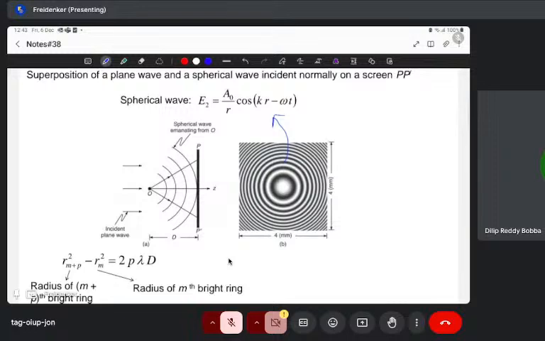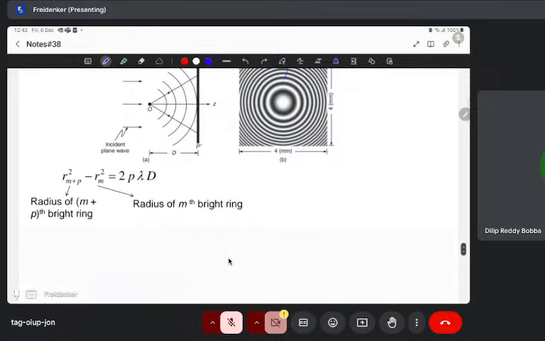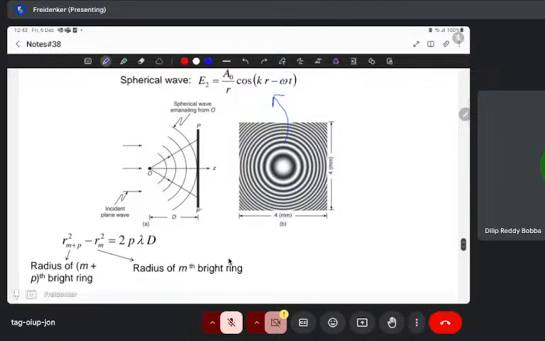Because most of the intensity is concentrated here, and if you go farther away, the intensity is decreasing. Nice. This is from Newton's rings.